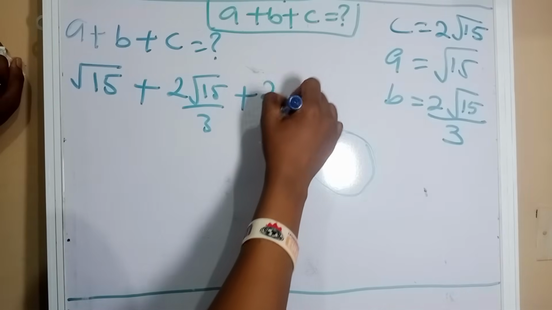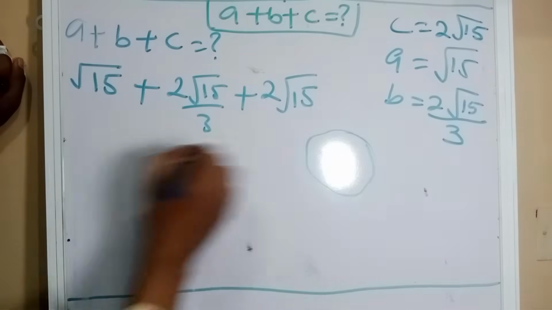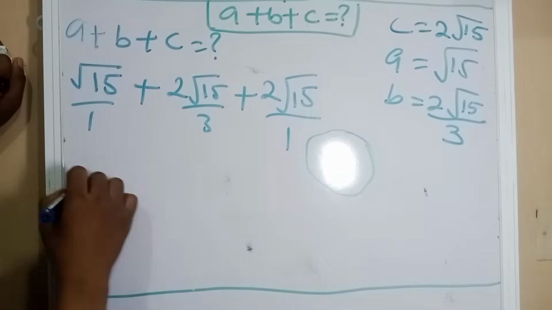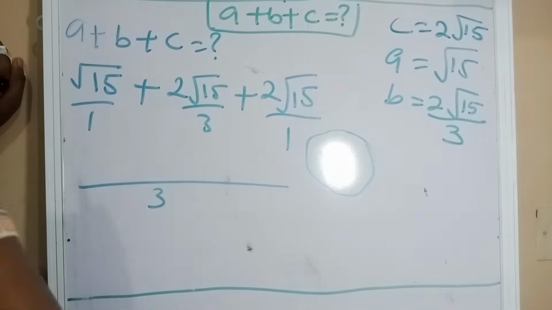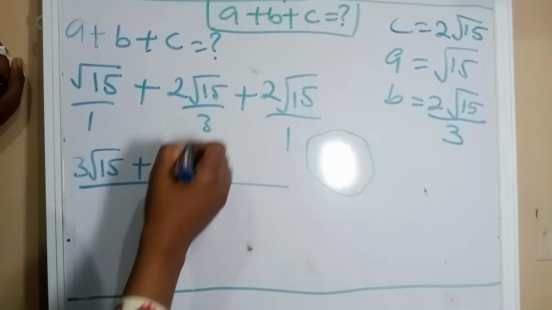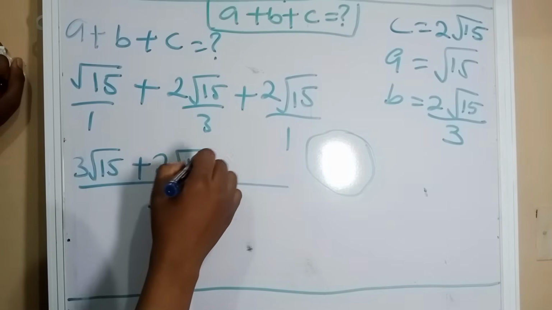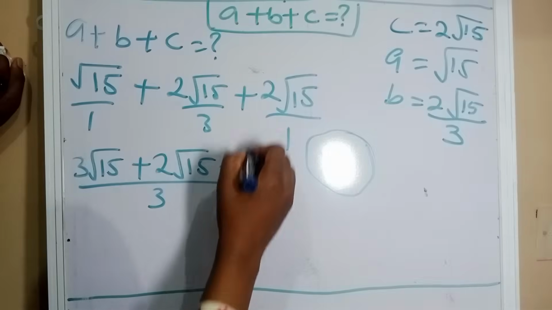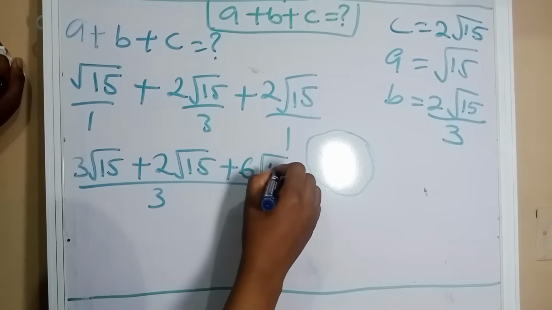And our C is 2 root 15. So this is over 1, this is over 1. And find the LCM. Our LCM is 3. 1 into 3 is 3. 3 times root 15 will give us 3 root 15. 3 into this is 1, 2 root 15. And this is 3, 6 root 15.